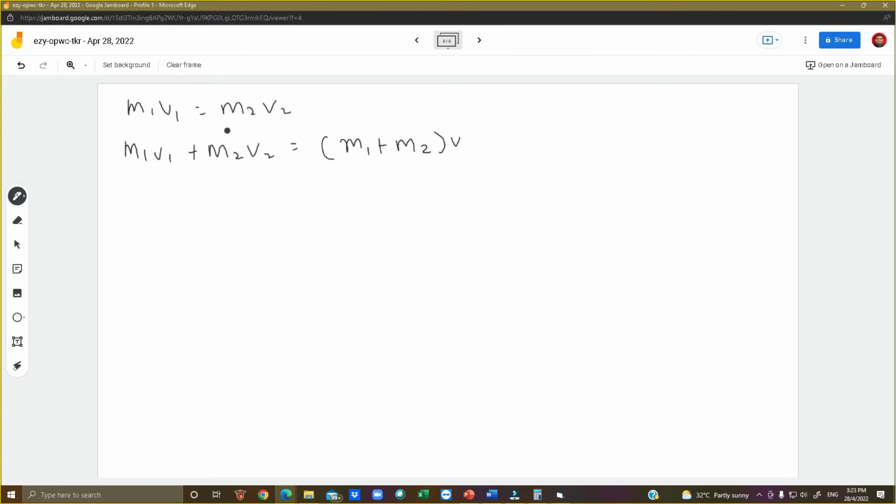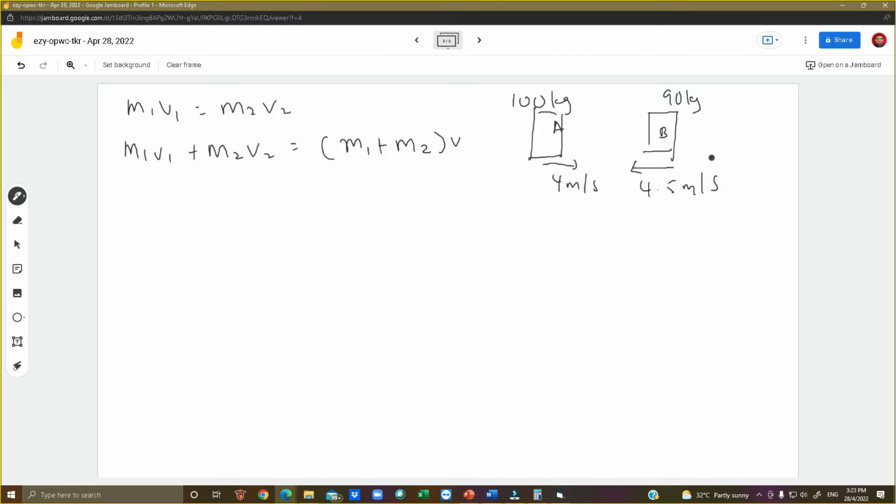Okay, so now we have a case of collision. We have two people. The first person is 100 kg in mass, travelling at a velocity of 4 meter per second, while another person has a mass of 90 kg, this is A, this is B, travelling at a speed of 4.5 meter per second.